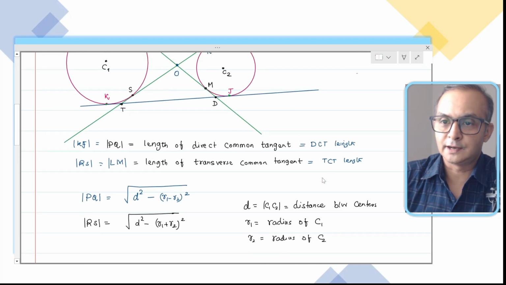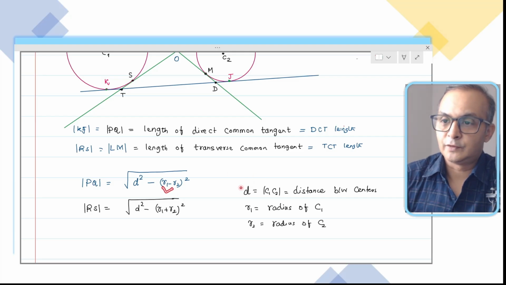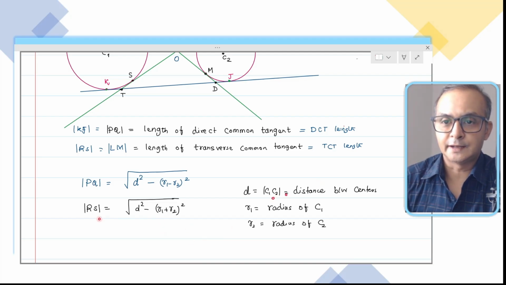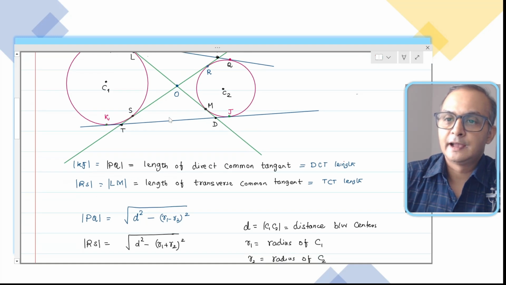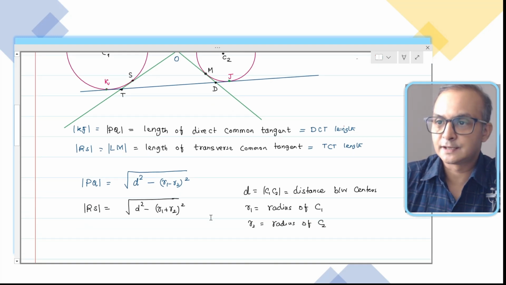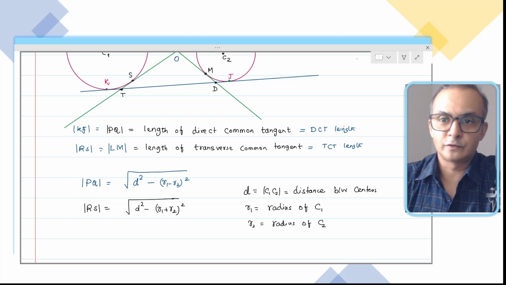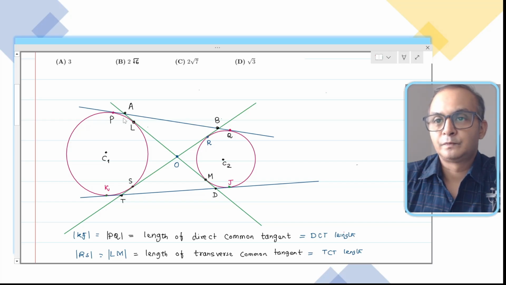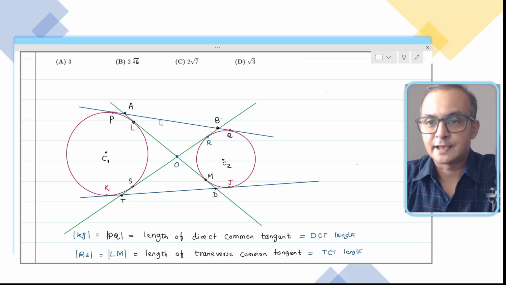The formula for the length of the direct common tangent is the square root of D squared minus (R1 minus R2) the whole squared, where D stands for the distance between the two centers, C1C2. RS, or LM, is the transverse common tangent, and its length is given by the square root of D squared minus (R1 plus R2) the whole squared. We will use these two known facts to formulate the lengths of the intercept made by the transverse common tangents over the direct common tangents and vice versa.